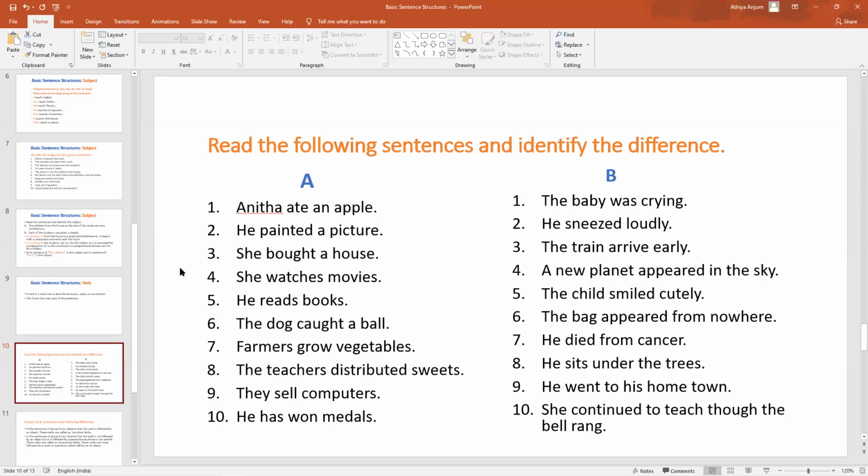He sits under the trees. Again, subject he, verb sits, under the trees, prepositional phrase, right? Then the next one, he went to his hometown. Subject is he, the verb is went, again to his hometown is a prepositional phrase. She continued to teach though the bell rang. Again, she is the subject, continued is a verb, and to teach is your prepositional phrase. There is no object.